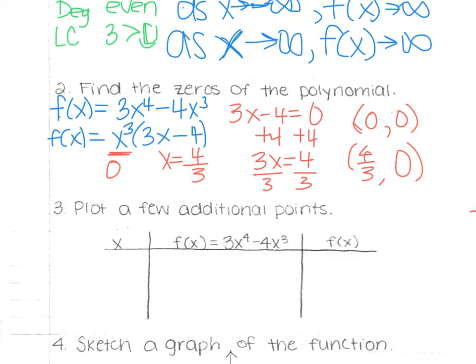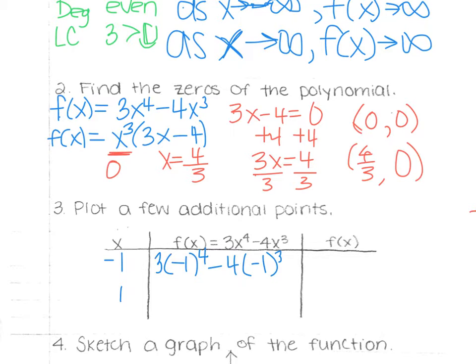Let's take a look at what if we used -1 and 1. Let's just plot these two. With -1, if I substitute this in, we'll have 3 times -1 to the fourth power minus 4 times -1 to the third power. Now, -1 to the fourth power is 1, and 3 times 1 is 3. -1 to the third power is -1, times the -4 gives a positive 4.